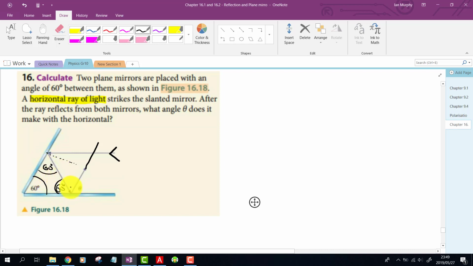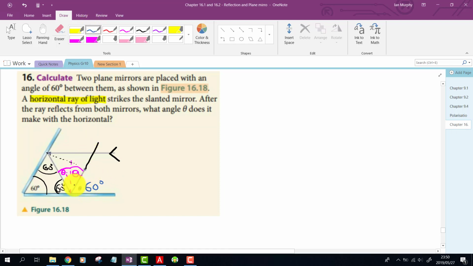Let me just draw another normal in pink over here. Let's say this will be our angle of incidence, and this will be our angle of reflection, there and there. If we know that this angle is 60, immediately we already know that this angle is also going to be 60.